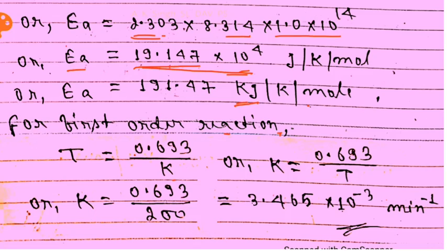So K is equal to 0.693 by 200. It will be equal to, after dividing, 3.465 into 10 to the power minus 3 minute inverse.